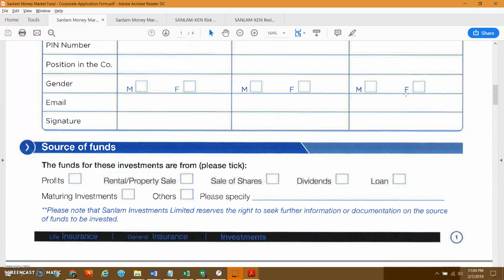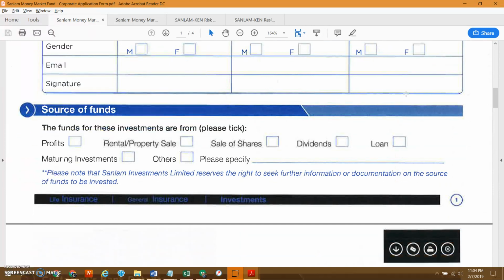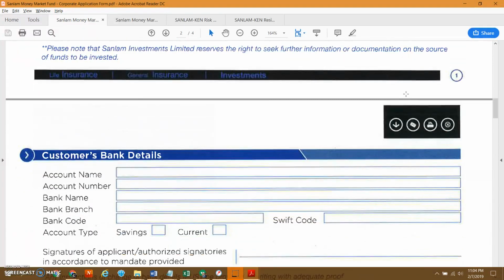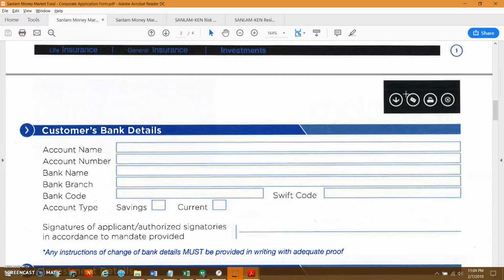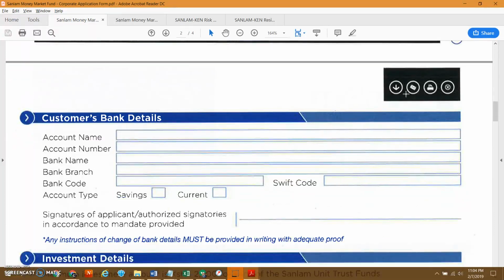You'd have your source of funds. This remains the same as in the individual application form. You have your customer bank details, and this would be the bank details of the customer or the elected bank in the case of the joint account.